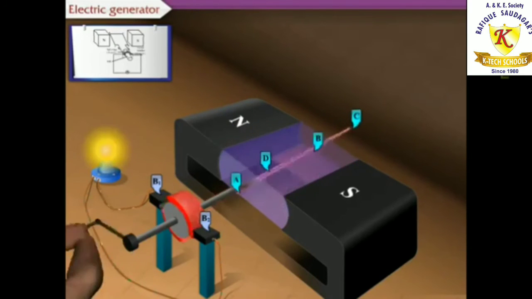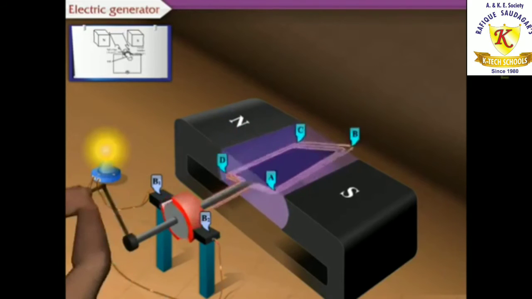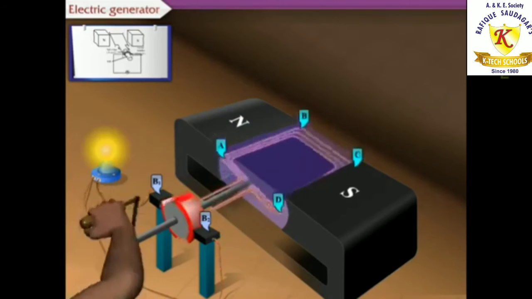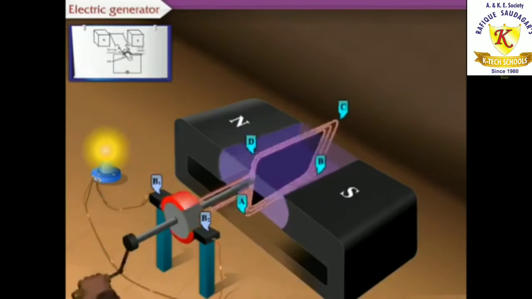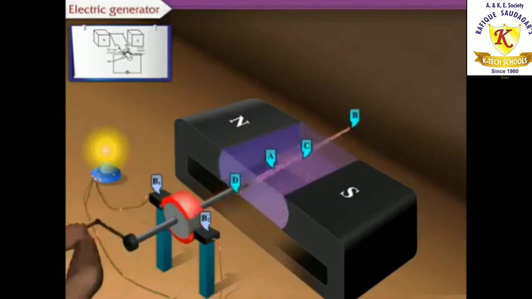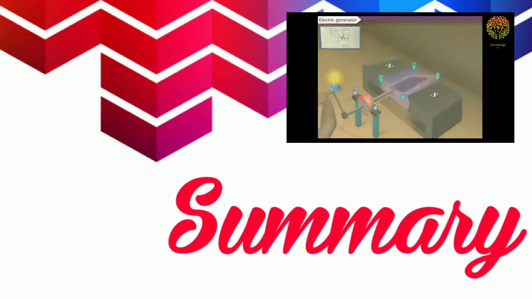Hence, the current in the external circuit flows in only one direction in both half cycles. This process continues and a direct current is obtained. I hope you find it easy to understand, children.